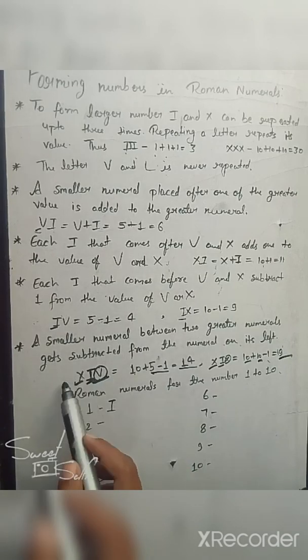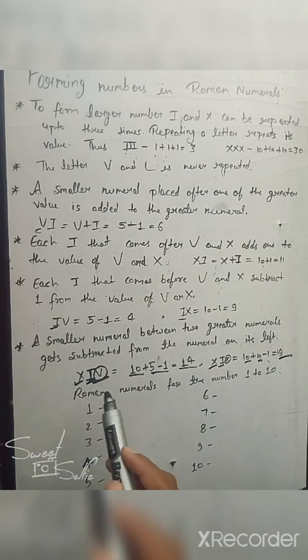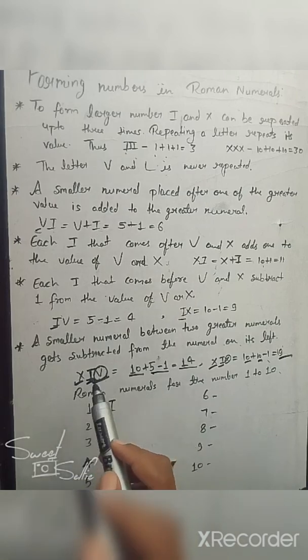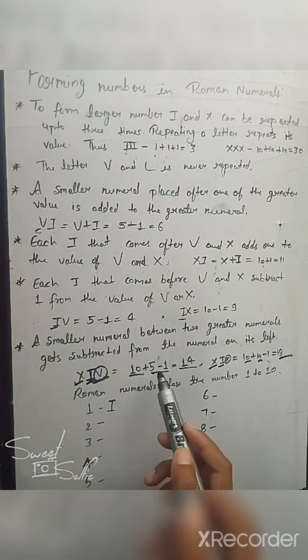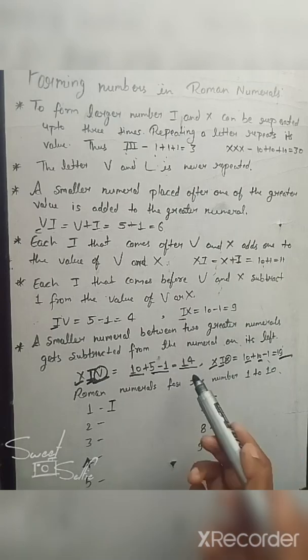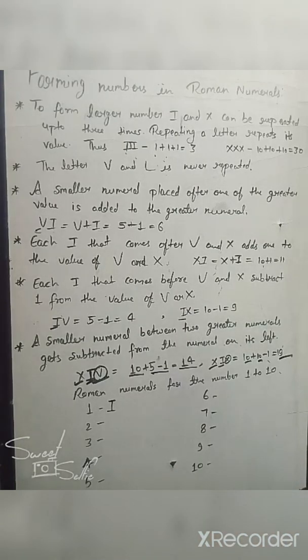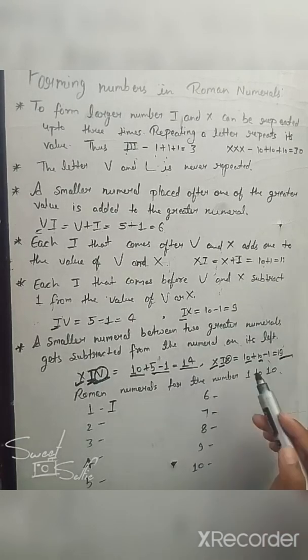Okay. So the value of X is 10 and now we have to subtract I means 1 from 5. So 10 plus 5 minus 1 is equal to 10 plus 4 is equal to 14. Okay. And next XIX.